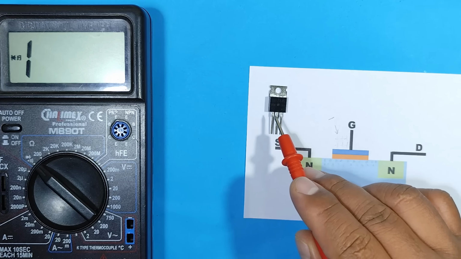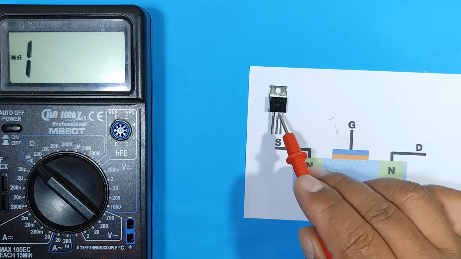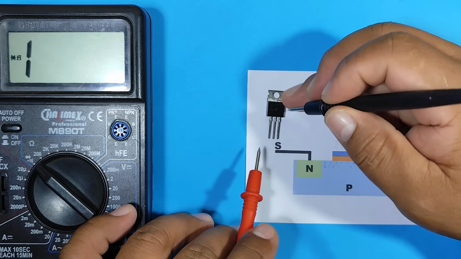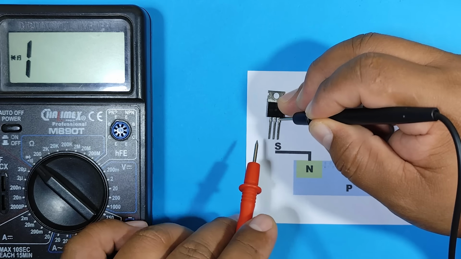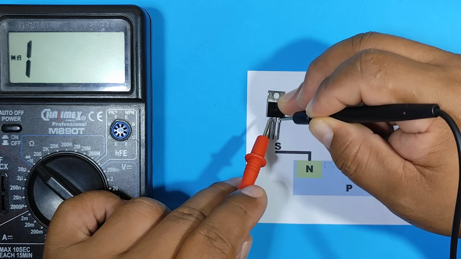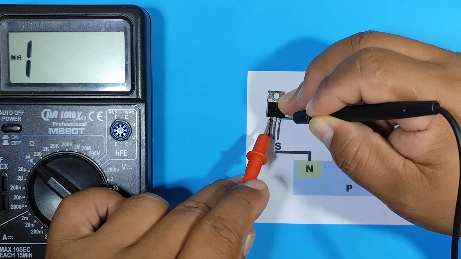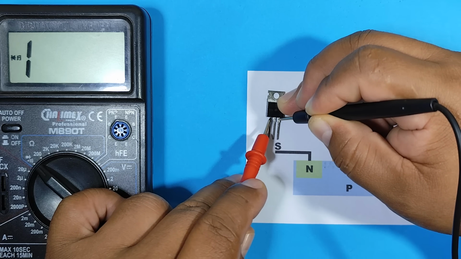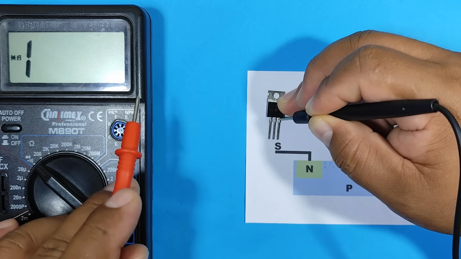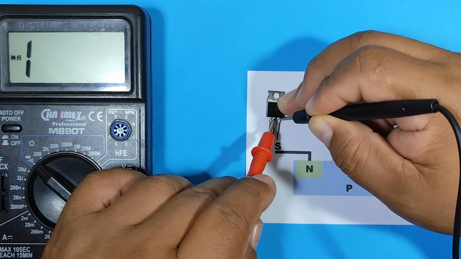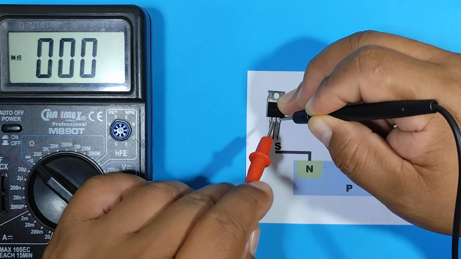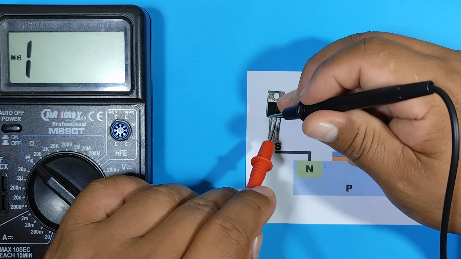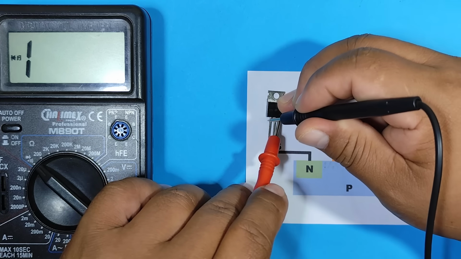The pinout is as follows: gate, drain, and source. Now, if I apply a positive voltage to the gate with respect to the source, the channel or path will be generated. Therefore, between the drain and the source, there will be 0 ohms or continuity. To eliminate that channel or path, I have to apply a negative voltage to the gate with respect to the source.